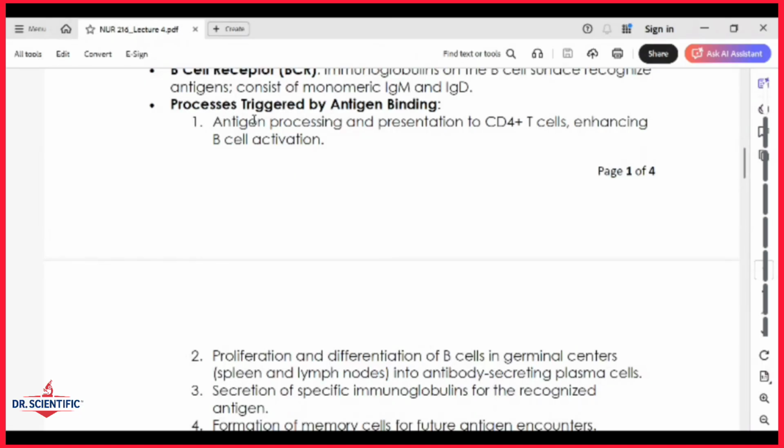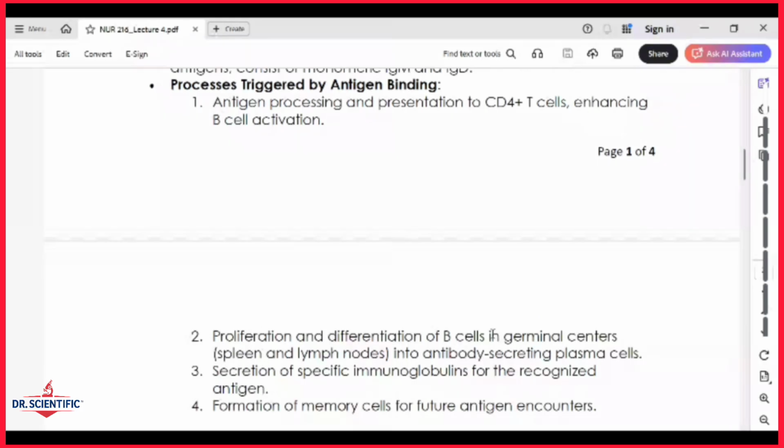Then it's presented to the T cells, in this case CD4 T cells, and we are talking about Th2 here. Once that happens, there will be proliferation and differentiation of B cells. Remember, these B cells were naive before they encounter the antigen. Once they encounter the antigen, they cease to be naive.